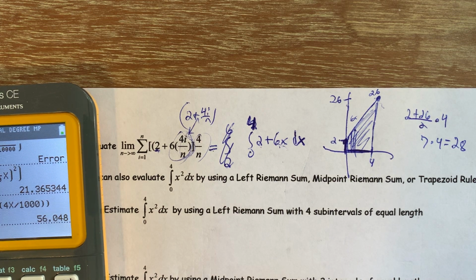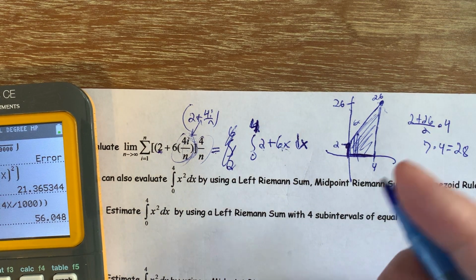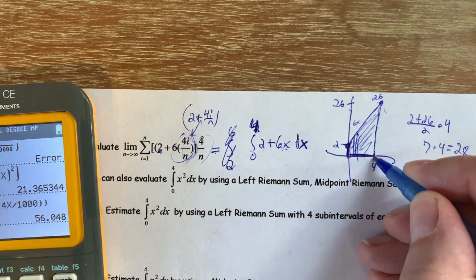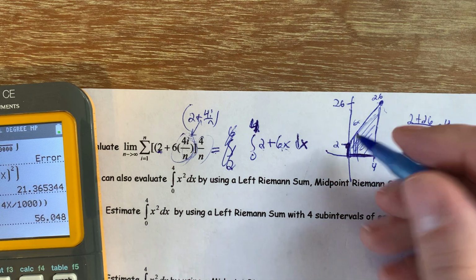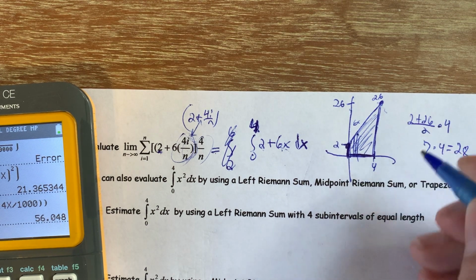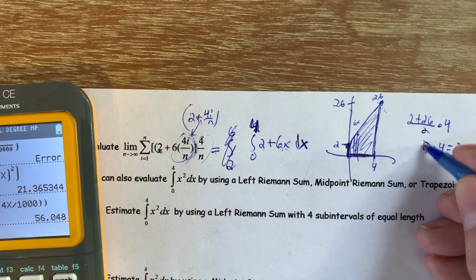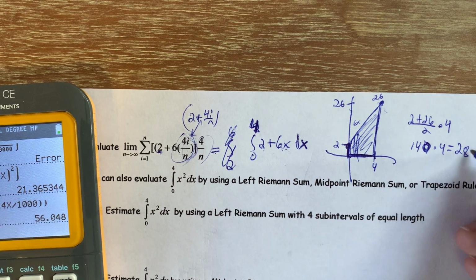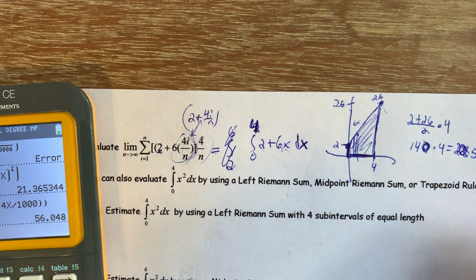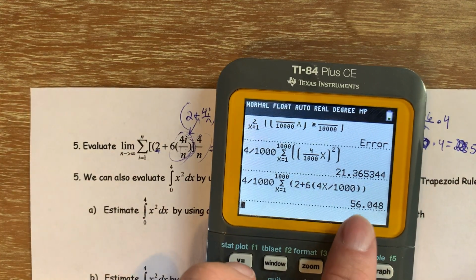Where's my error? 0 to 4, 26. This divided by 2. Oh, this isn't 7. 2 plus 26 divided by 2 is 14. 14 times 4 is 56, which is very close to this 1,000 rectangle one.